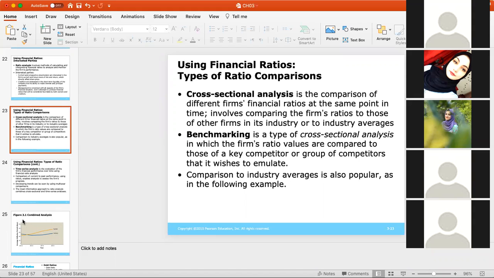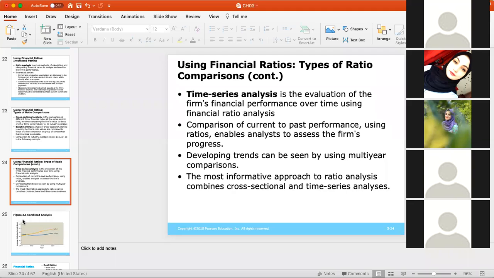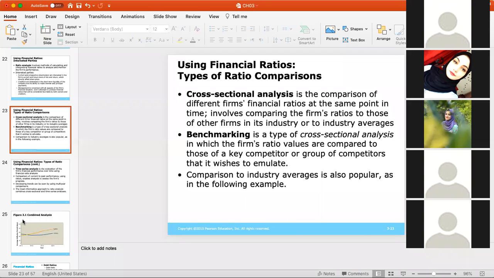We have benchmarking analysis as well, and we have time series analysis. What's the difference between these three? Of course, in advanced cases, we have other types of data, such as panel data. But let us focus now on cross-sectional analysis and time series analysis, and what we mean by benchmarking as well.